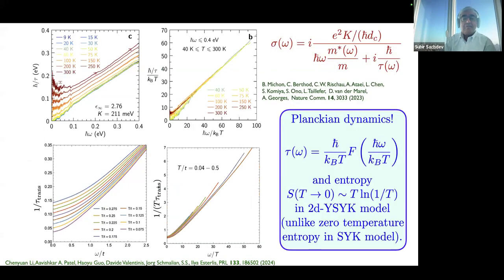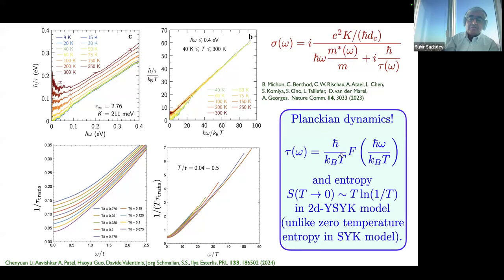But let me just mention, since I'm doing well on time, this optical experiment. People have, through the measurement of optical reflectivity and transmission, made very detailed measurements in the cuprates by this team of the scattering rate of the electrons as a function of frequency and temperature, and the scattering rate as a function of frequency and temperature collapses onto a scaling form.